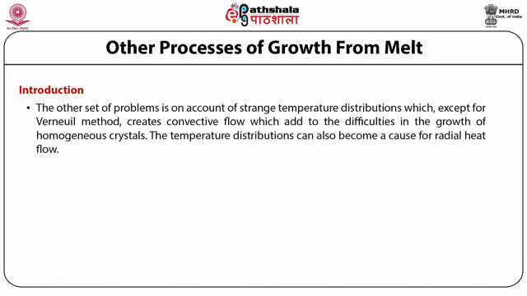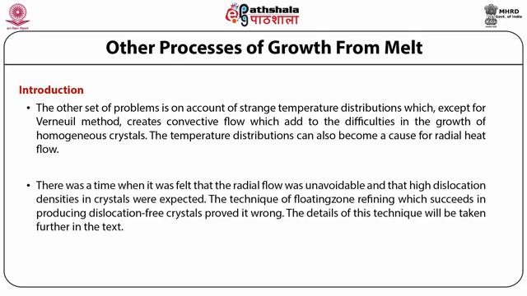The other set of problems is on account of strange temperature distributions, which, except for the Verneuil method, create convective flow, which adds to the difficulties in the growth of homogeneous crystals. The temperature distributions can also become a cause for radial heat flow.